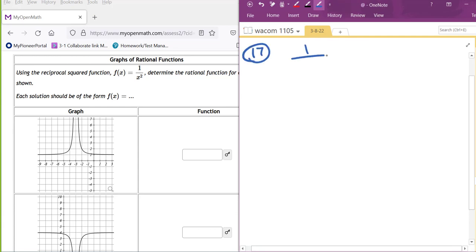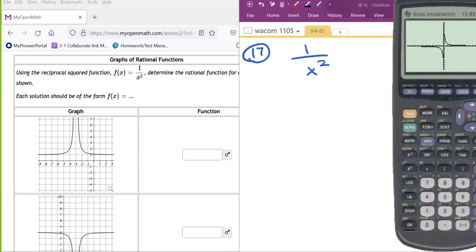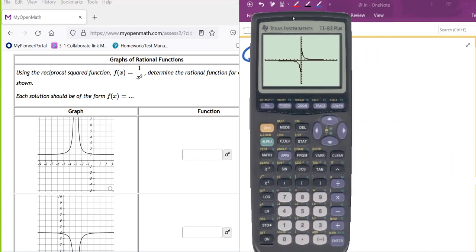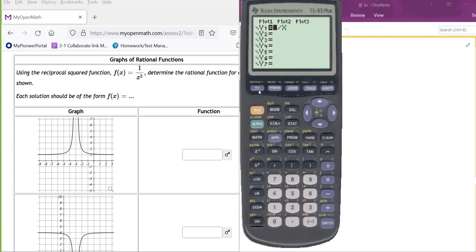You're comparing to 1 over x squared. So we'll change our input, and so we'll do our 1 divided by x to the second.